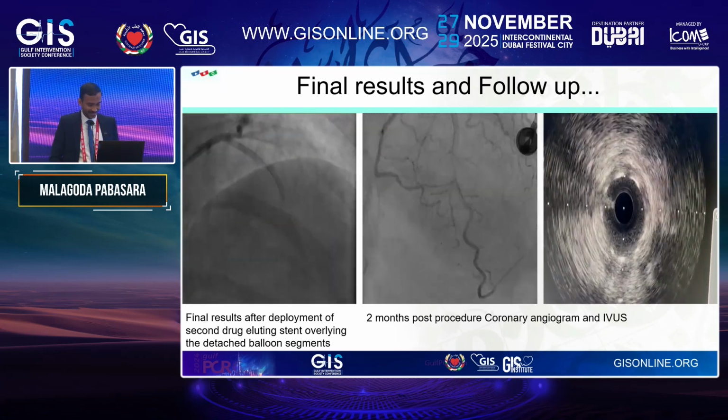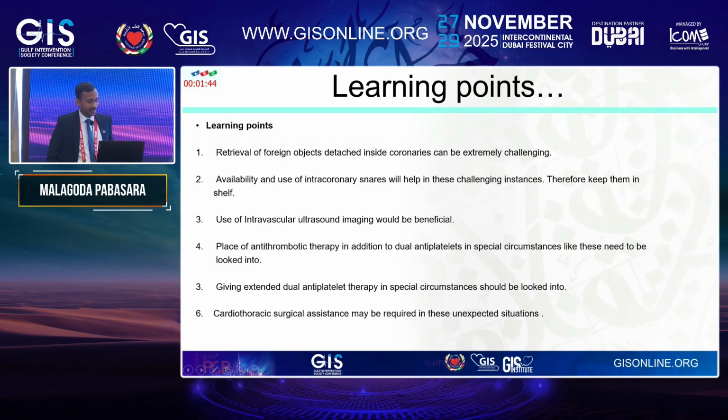All right. So the learning points are that the retrieval of foreign objects detached inside coronaries can be extremely challenging, and the availability and use of intracoronary snares will help in these challenging circumstances. And the use of intravascular imaging is beneficial.